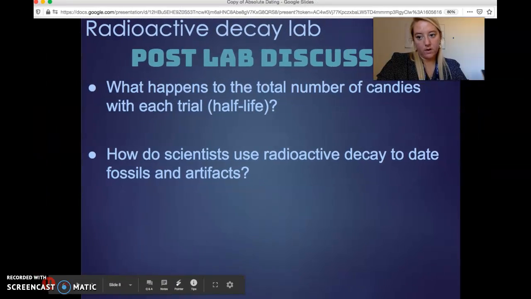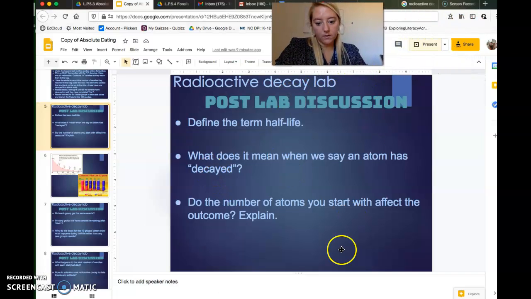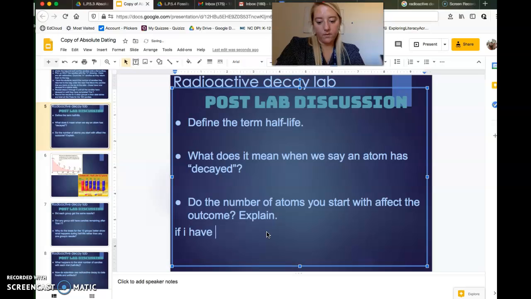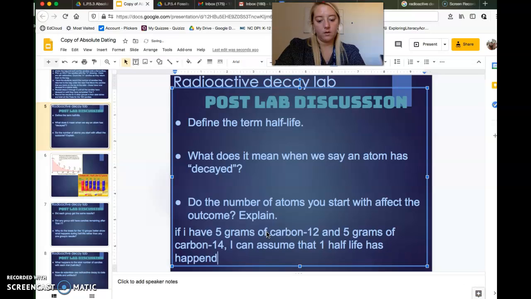So let's figure out how to draw that for you, so that you understand what I'm saying. If I have 5 grams of carbon-12 and 5 grams of carbon-14, my ratio is 1 to 1, so I can assume that 1 half-life has happened since the rock's formation.